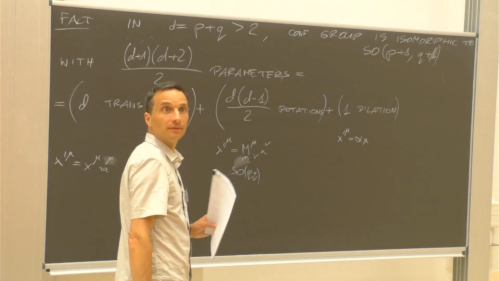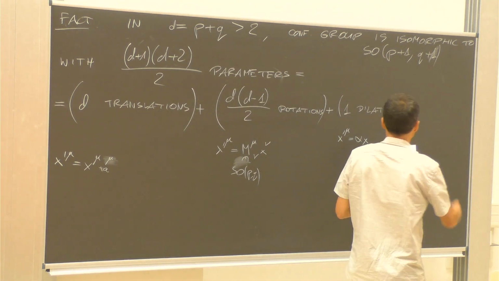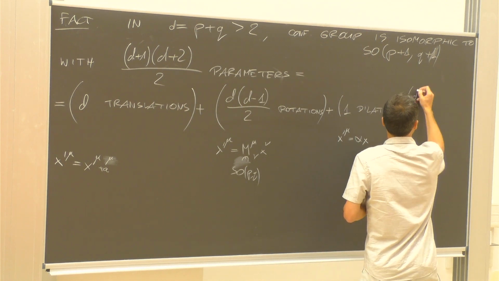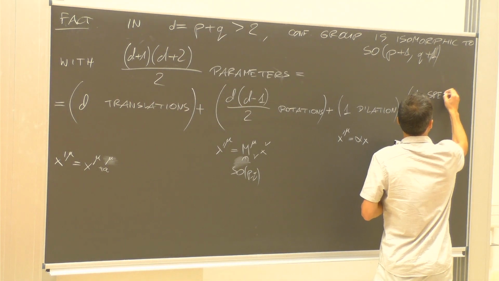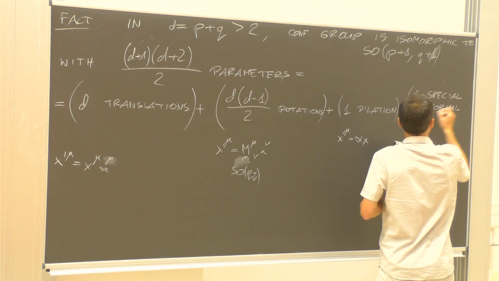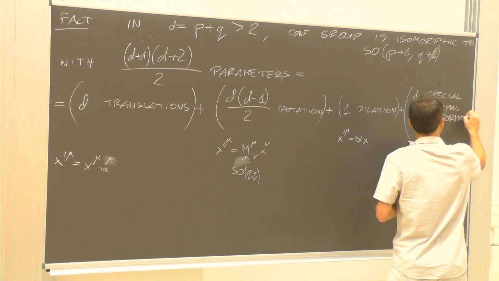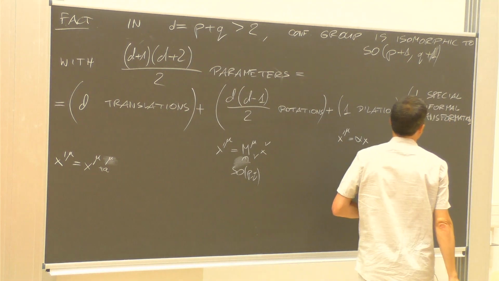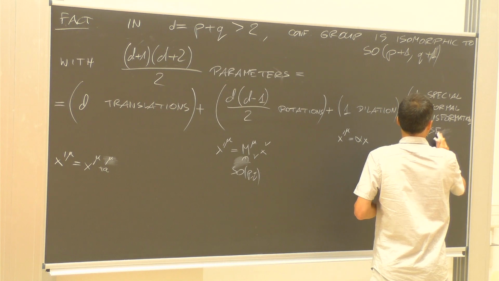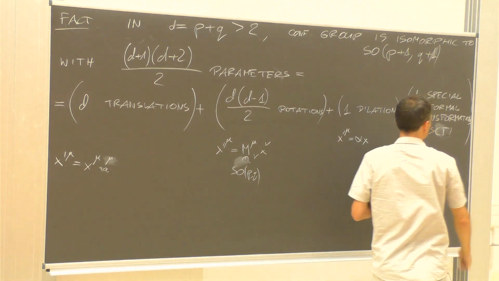And finally, a very interesting class of transformations which are parameterized by some vectors, so there are d of them. And they are called special conformal transformations. Often you can find the acronym SCT for them to avoid this long name.